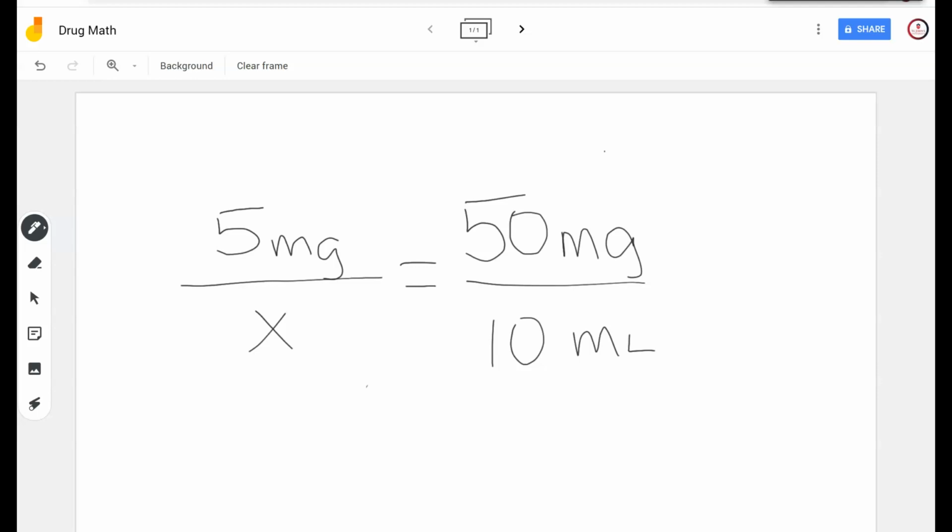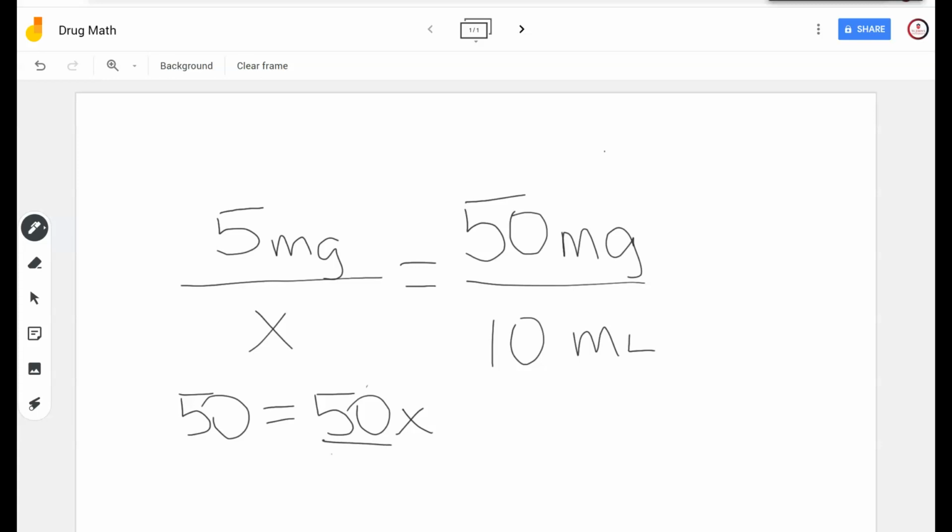Instead, you're going to cross multiply. So I'm going to take this here, and I'm going to multiply it with the bottom number, right? So then you get 50, and then you're going to go the opposite direction. So you get 50x. Now you want to get x by itself. So that means that you have to divide x by 50.